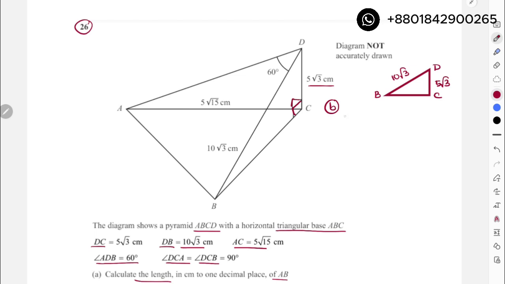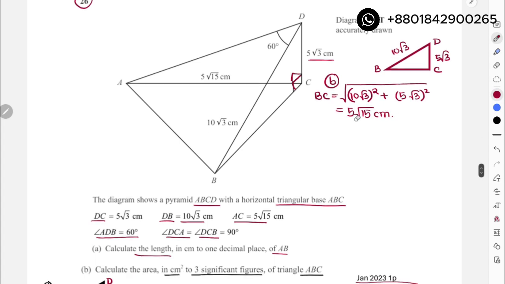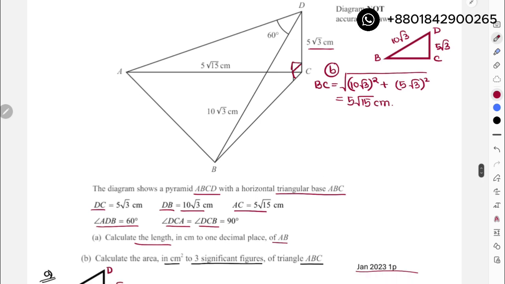After that BC is going to be, then everything under the root, and you get 10 root 3, that is 5 root 15 centimeters. Now using the lengths of BC, AC and AB, I can easily find the base area over here.